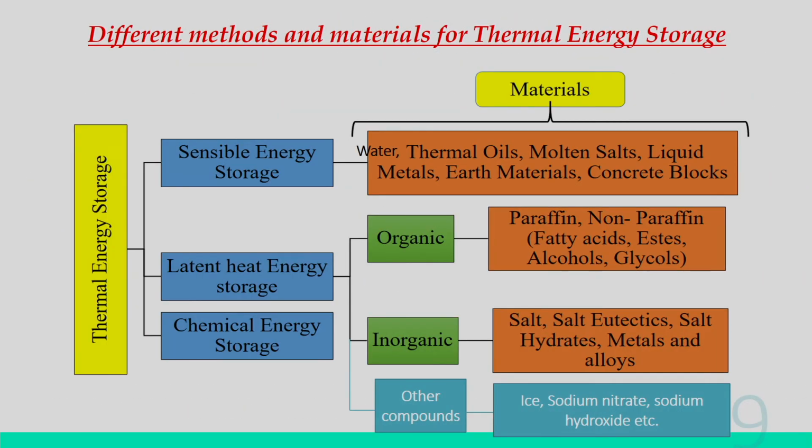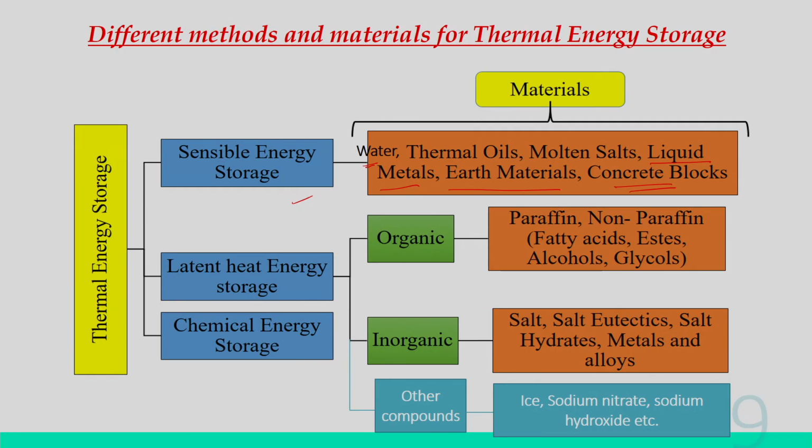And if we see the kind of materials used for all these thermal energy storage systems, we can see what different materials can be used. For sensible energy storage, we can use a variety of materials like water, then concrete blocks for solids, and for high temperature applications thermal oils, molten salts, liquid metals, then earth materials.